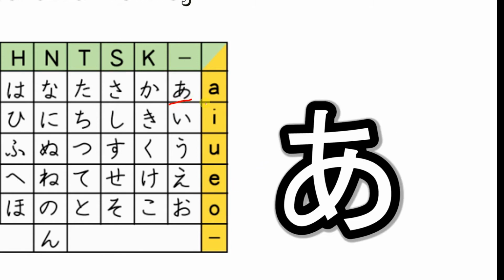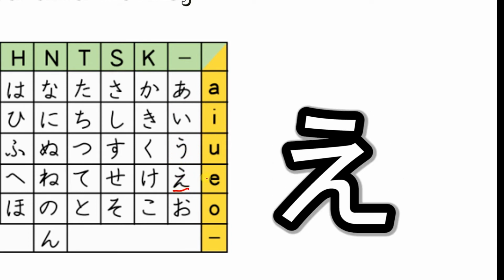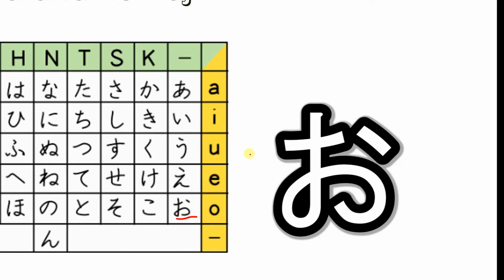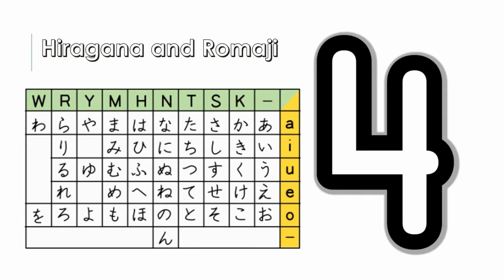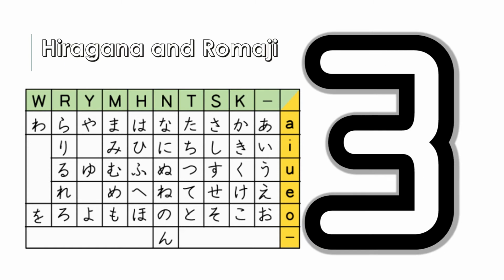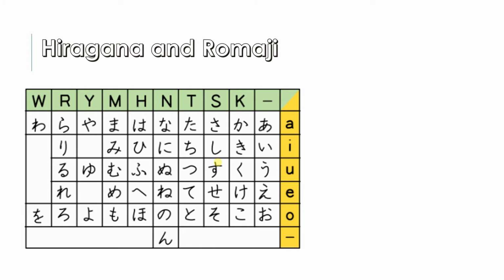Again, that's a, i, u, e, o. So, let's think. How many vowels does Japanese have? You have 5 seconds. Japanese really has only these vowels.